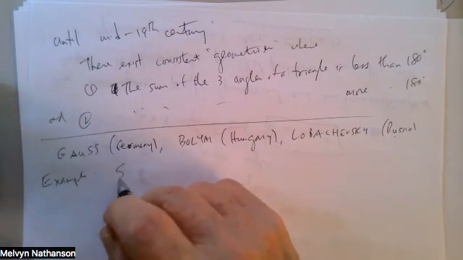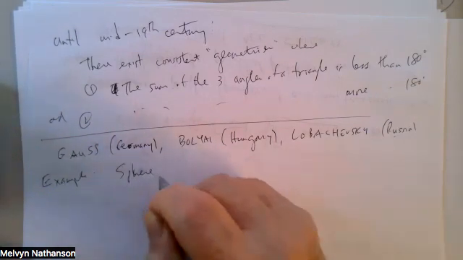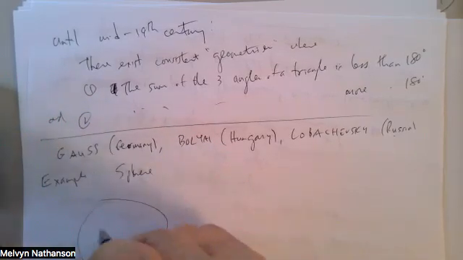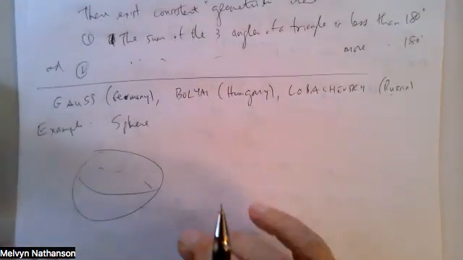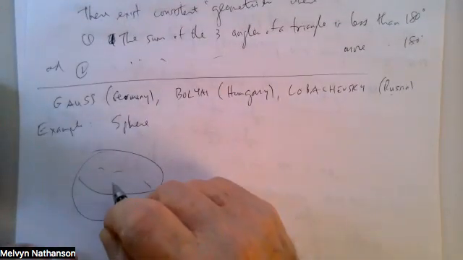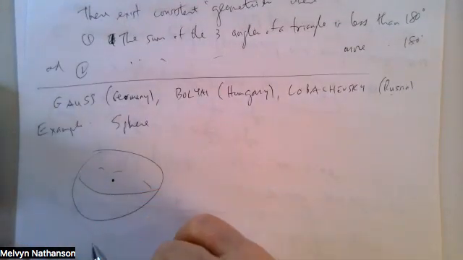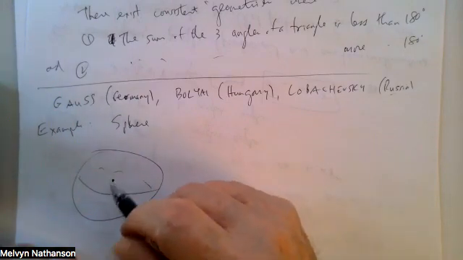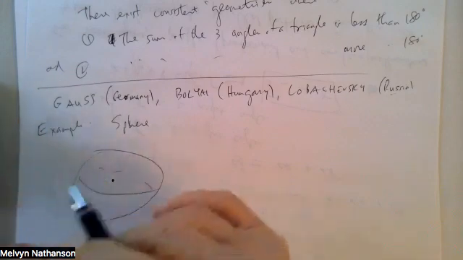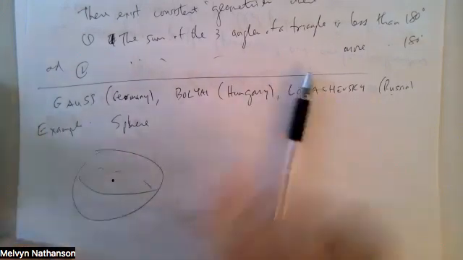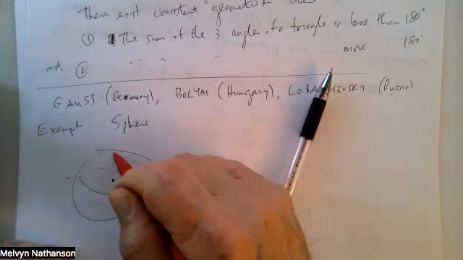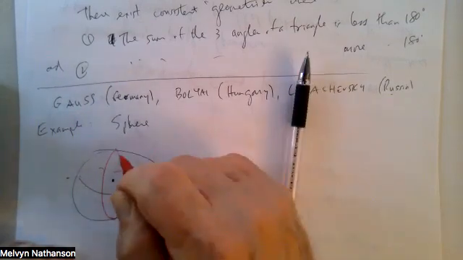So let's take a sphere, a ball, the surface of a ball. So here we have a sphere. It has a center. If you intersect a plane through the sphere that goes through the center, it cuts out what's called a great circle.